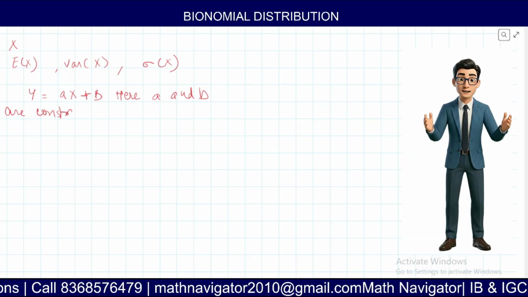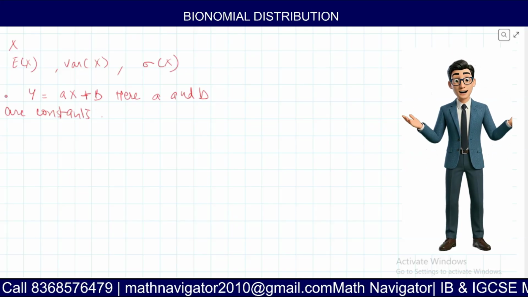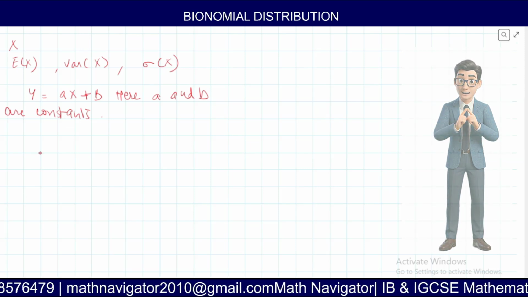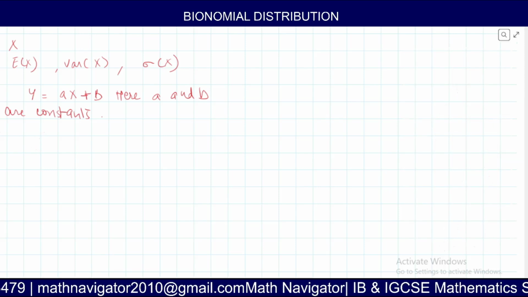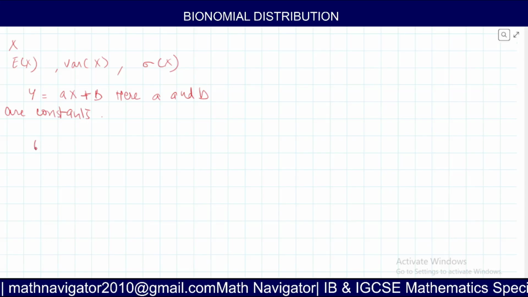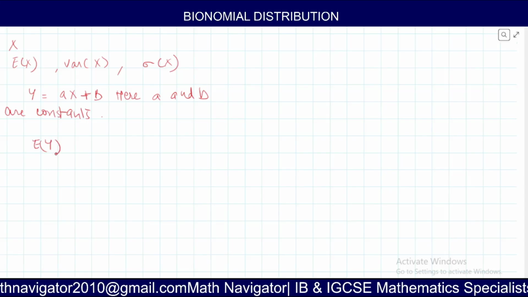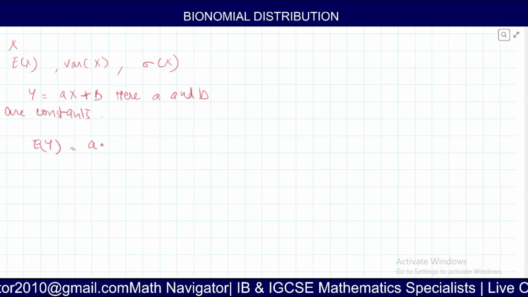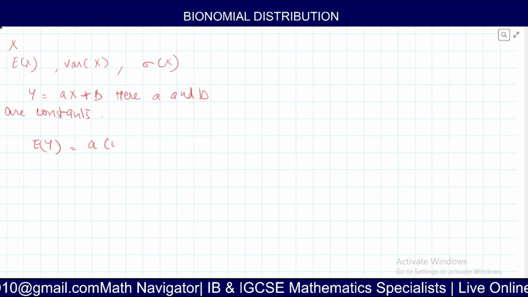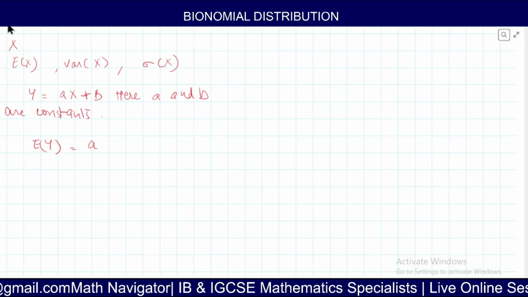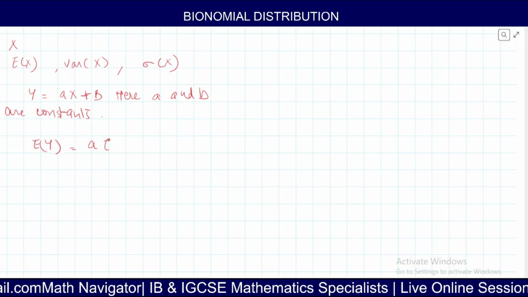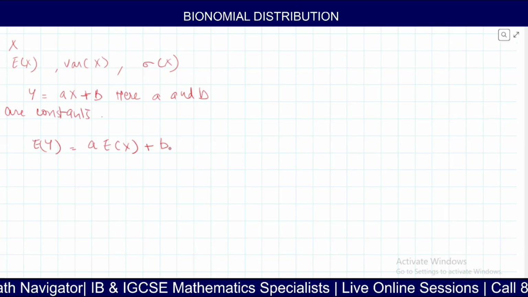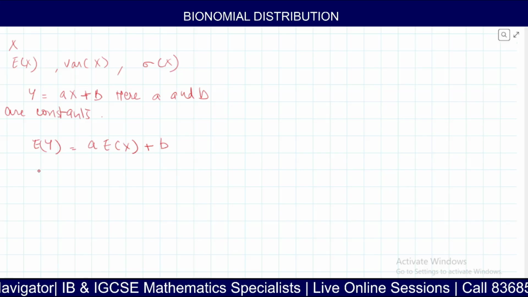So how do I find the expectation of y, variance of y, and standard deviation of y? This is my first target for today. So E(y) is equal to a times E(x) plus b. Got it?